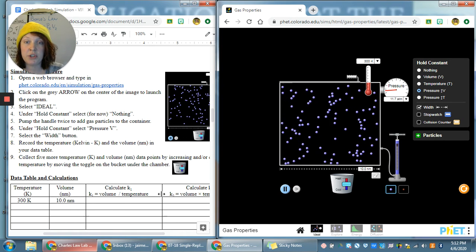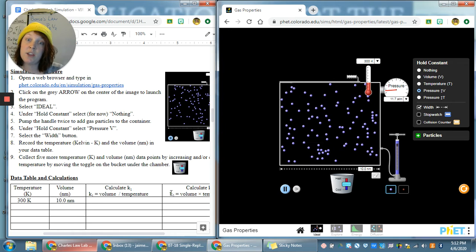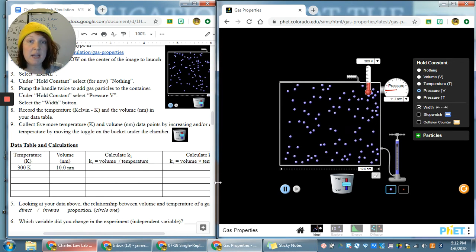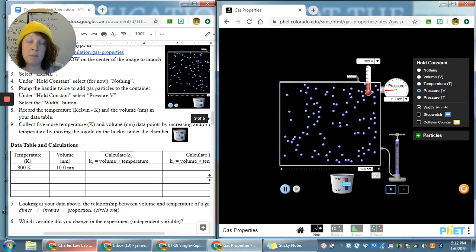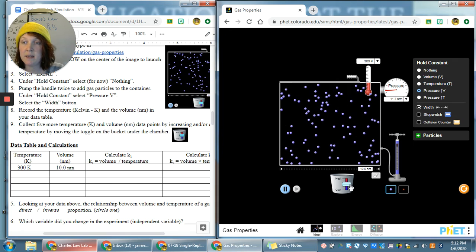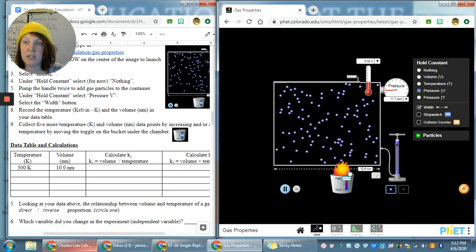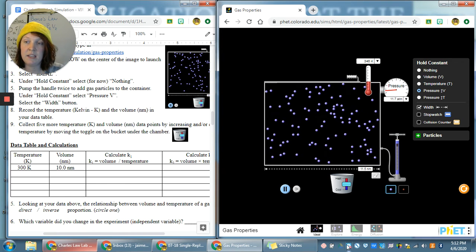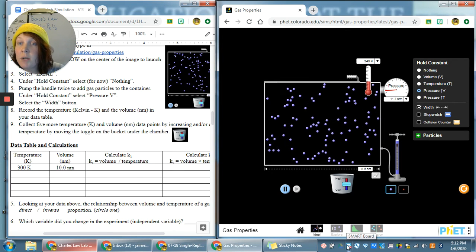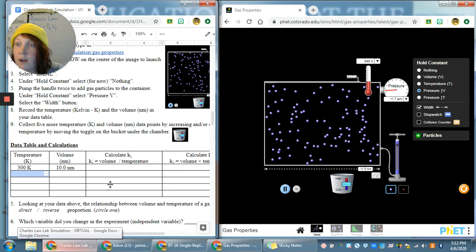Collect 5 more temperature, Kelvin, and volume, nanometers, data points by increasing and or decreasing the temperature by moving the toggle on the bucket under the chamber. So here's the bucket. If I want to increase the temperature, I'm just going to hold it and unclick, and it should swing back to not heating at all. Okay, so now I'm going to go ahead and record these.